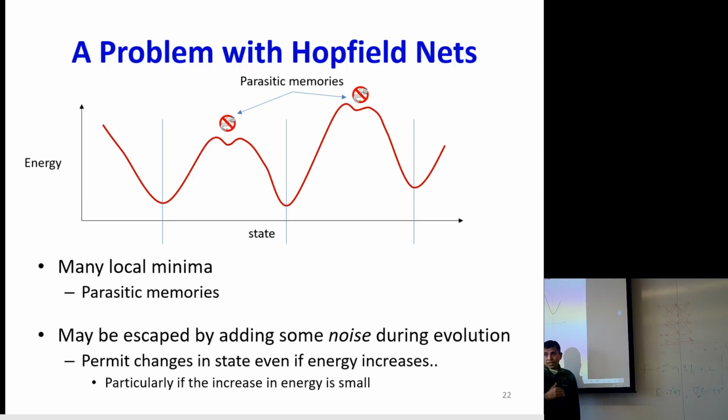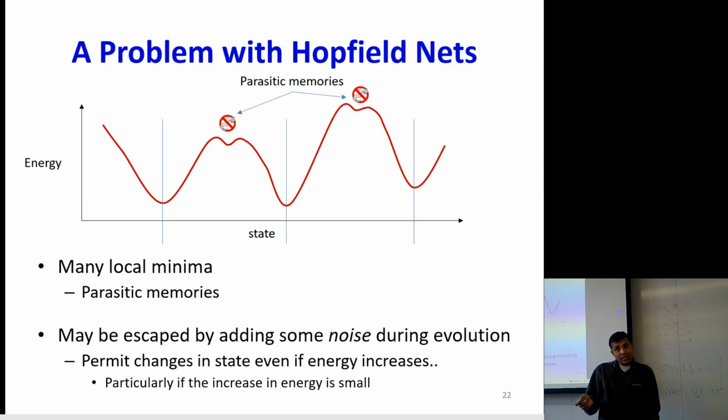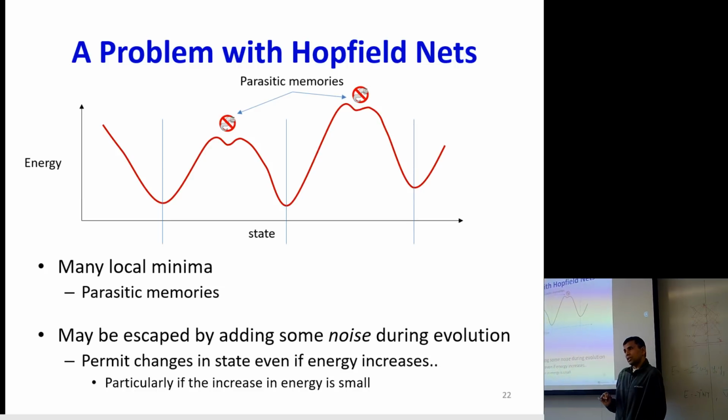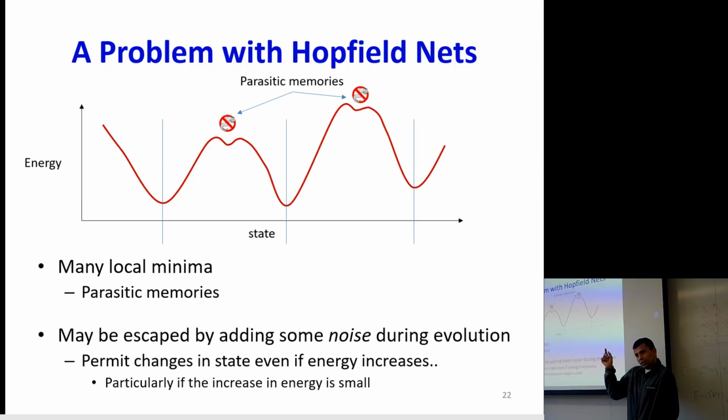But what you can do is change your rule and say sometimes, just sometimes, I'll let a bit be flipped even if it's a local minimum. So you permit changes in state even if the energy increases, particularly if the change in energy is small, which is what you would expect at those little dips up there.